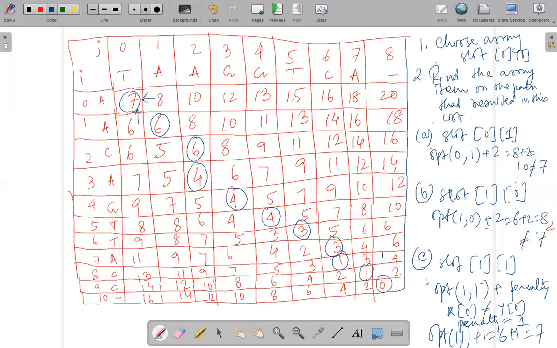If you trace back, the numbers that I have circled are what you will get. This traces back the path through which you have arrived at 7.